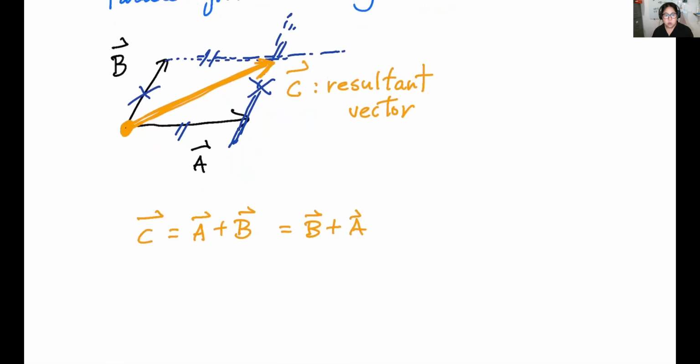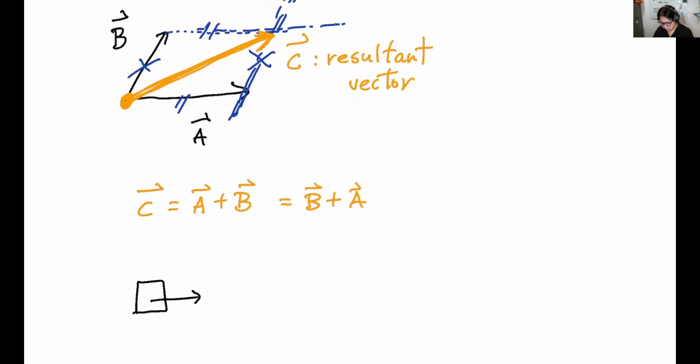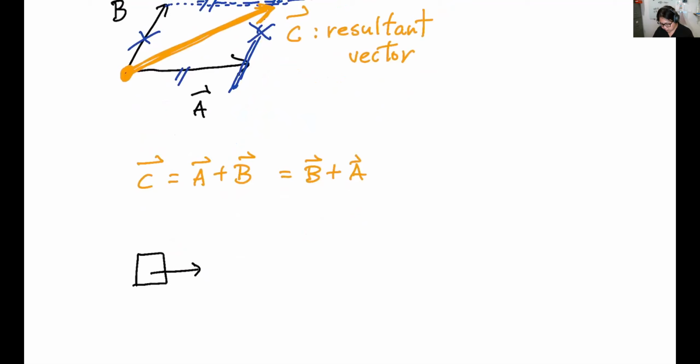So when you have two vectors that start from the same location, let's say there is an object here, right? The box is here, that has a force applied in this direction, and then maybe another force that's applied in this direction.